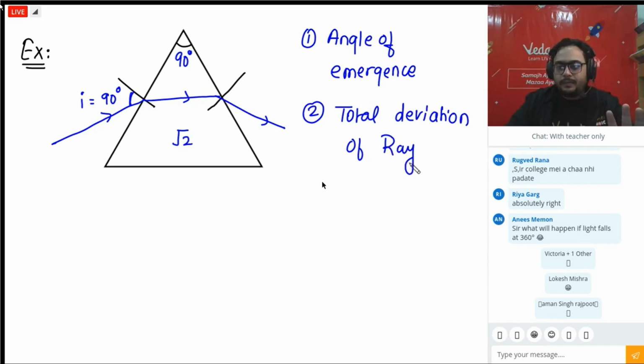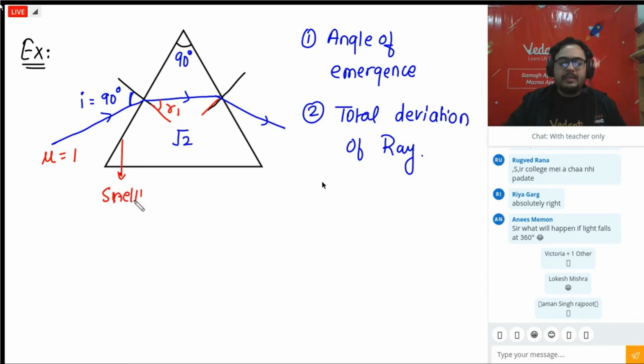Could I have given the example before this? Obviously, I will have to teach the formula first. So how will you find the angle of emergence? Obviously, you will have to apply refraction 2 times. Let me say this angle is R1, outside mu is 1. So apply Snell's law on this surface.